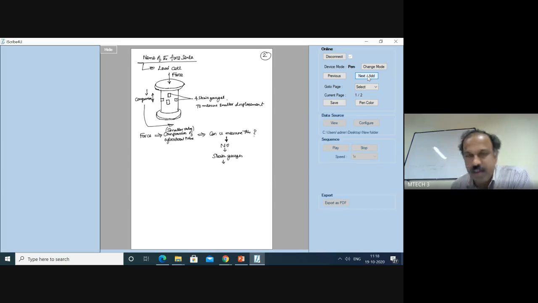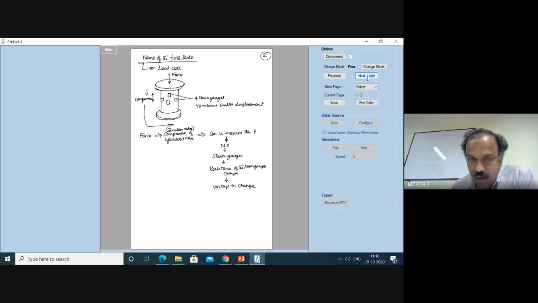What is going to happen in the strain gauges? The resistance of the strain gauges changes. This change in resistance makes the voltage change. Now, from where have you started?